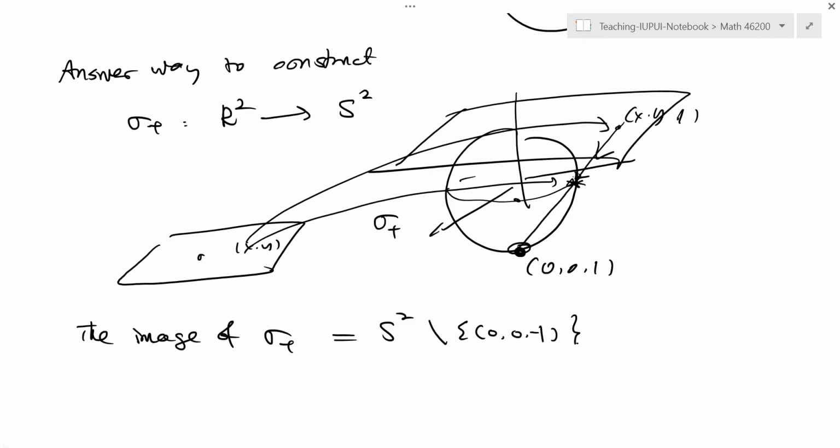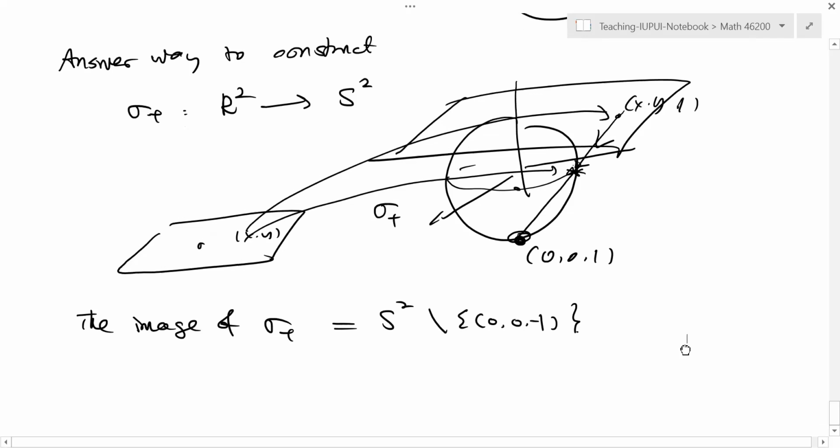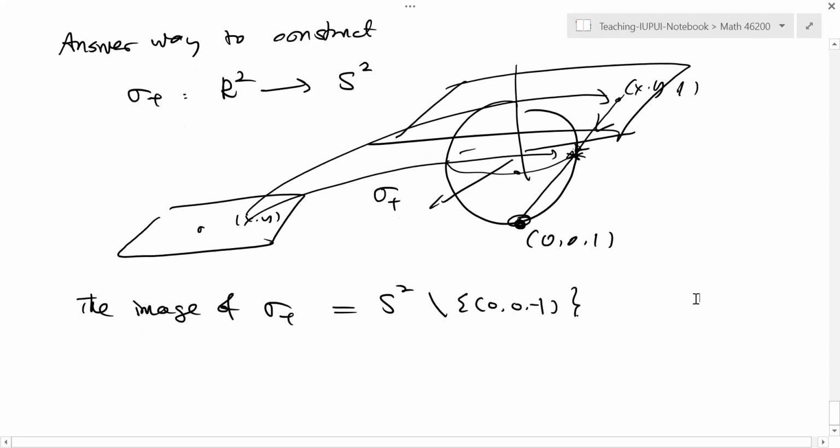Right? So how can I determine that point? An arbitrary point on this line can be defined as a combination of these two. I can say t(0, 0, 1) plus (1 minus t)(x, y, 1). How about that?